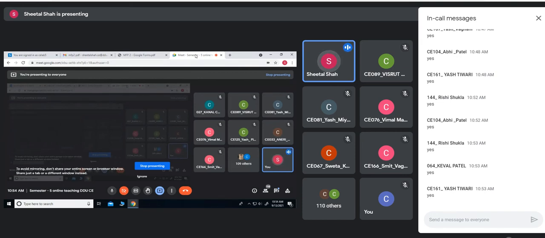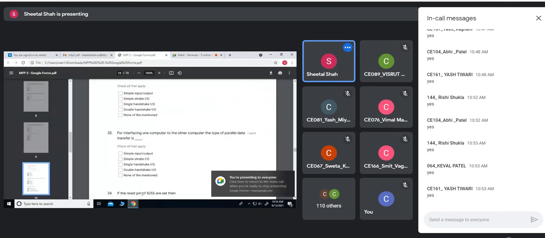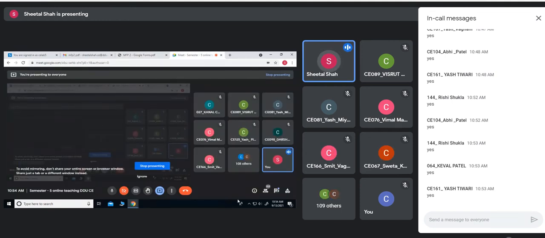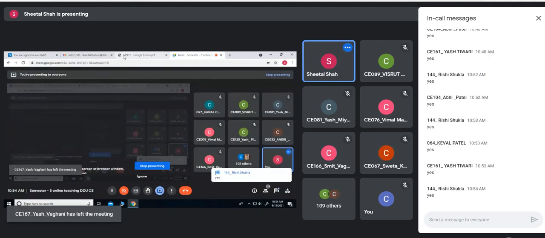Once the transmitter gets the acknowledgement from the other end, it starts transferring the data. Hence the data transfer between two computers is also a double handshake IO. Is it clear why it is a double handshake IO?